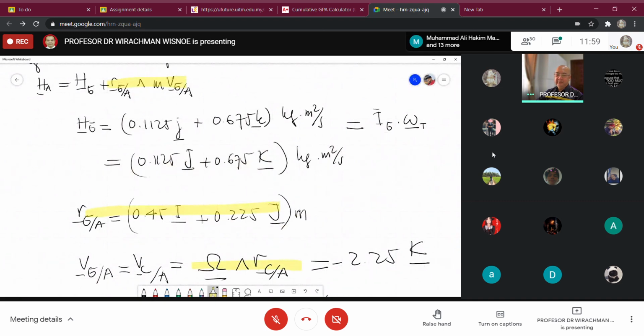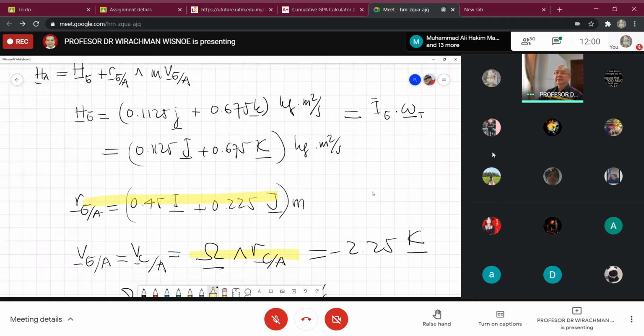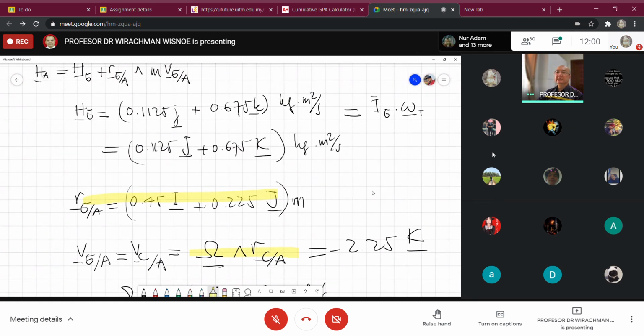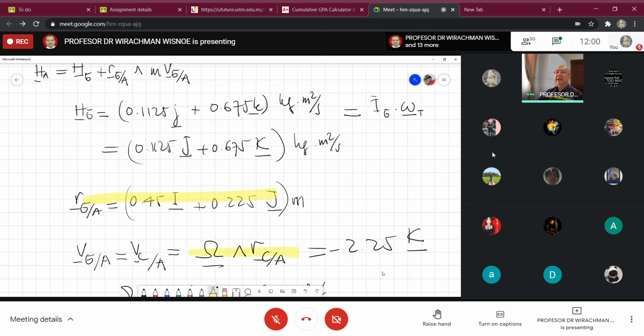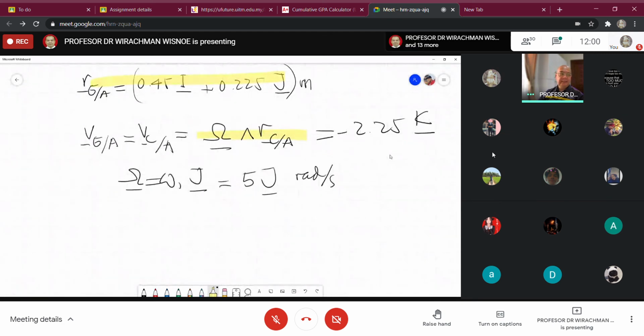You have VGA. Okay. So now I ask you to calculate here RGA cross MVGA. So VGA is negative 2.25K. Of course, the unit is meter per second. MVGA, you multiply that VGA with M. What is the value of M?